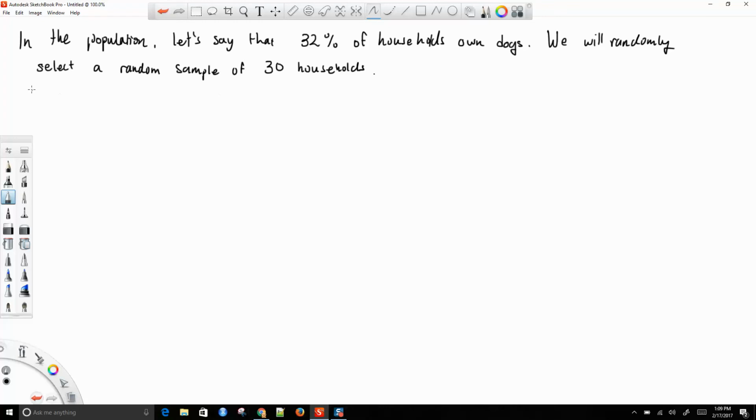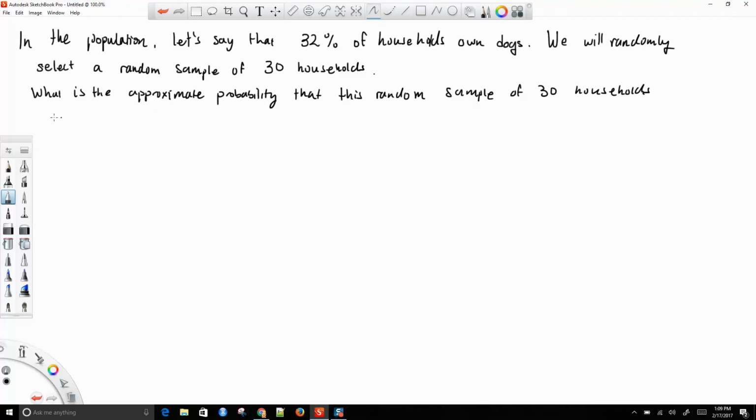And so I'm going to ask, what is the approximate probability that this random sample of... I'm sorry, let me change this number, this random sample of 50 households ends up with 40% or more owning a dog?